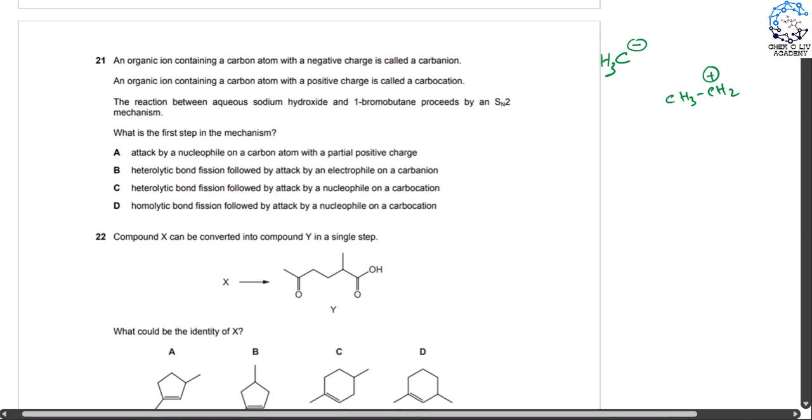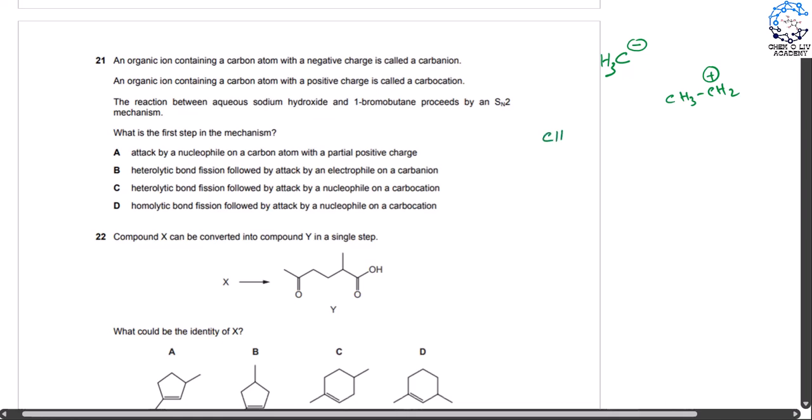Next, the reaction between aqueous sodium hydroxide and 1-bromobutane proceeds by an SN2 mechanism. So let me just remind you what it means by SN2 mechanism. SN2 is a mechanism where backside attack happens.